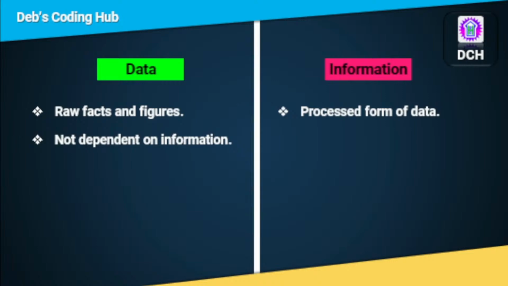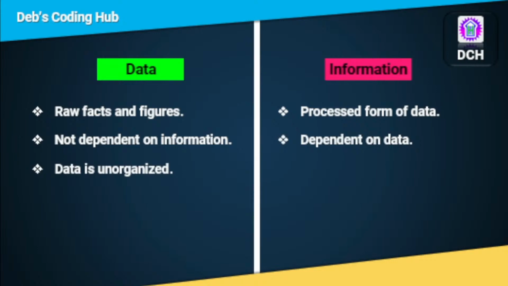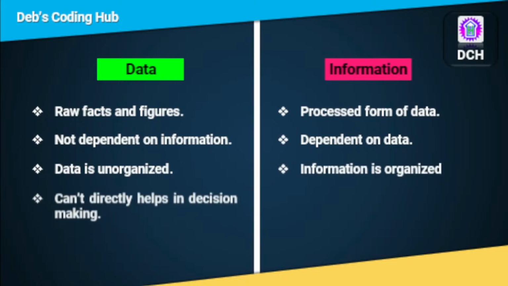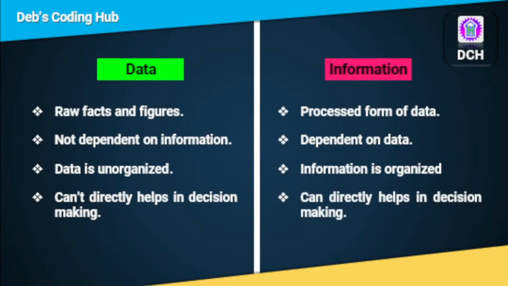Data is not derived from information. It is derived from observation, but information is totally dependent on data. Next, data is unorganized. It is not meaningful and it is not organized properly, but information is organized. Data can't directly help in decision making because it has no complete meaning, whereas information has complete meaning, thus it can be used for decision making.